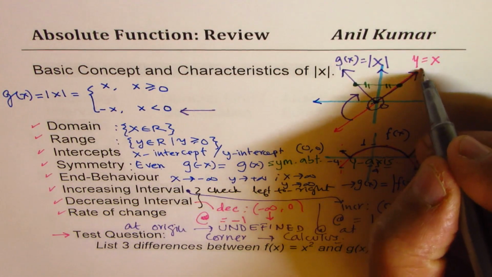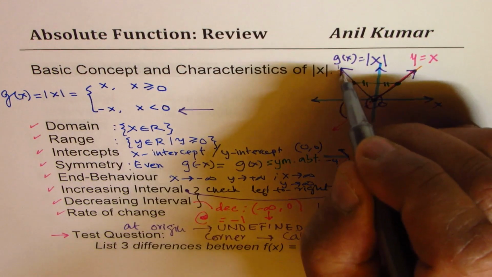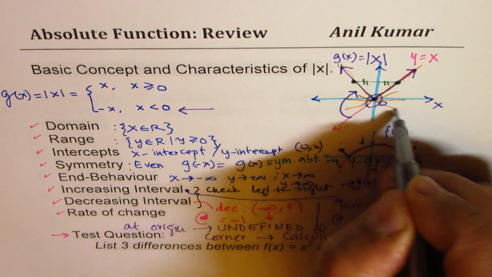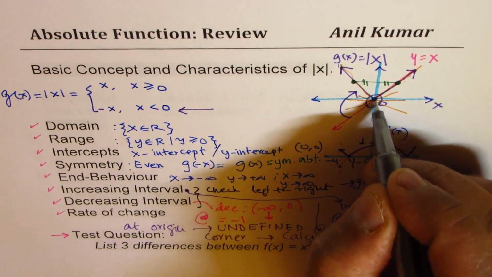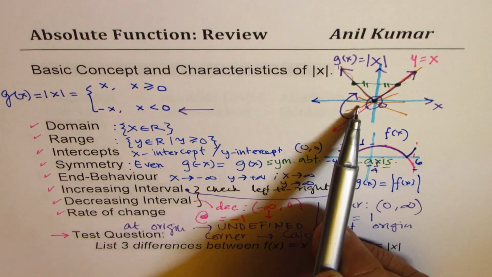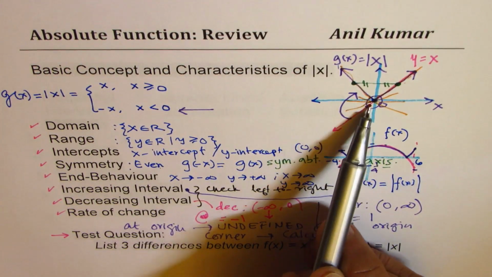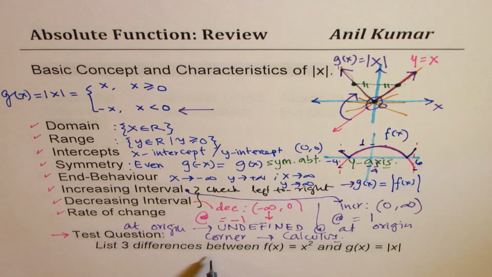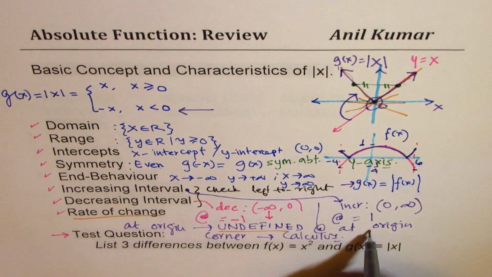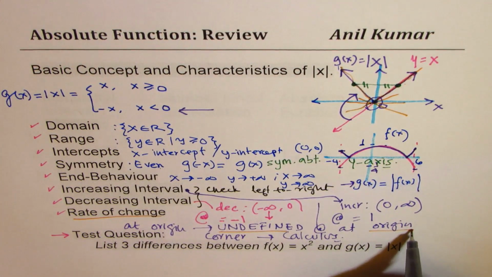See, rate of change is slope. Here one slope is positive, one slope is negative. How about this place? You could have 0, you could have this, all these lines could be tangent at the vertex, and therefore the rate of change is undefined at origin. Very important concept to understand.